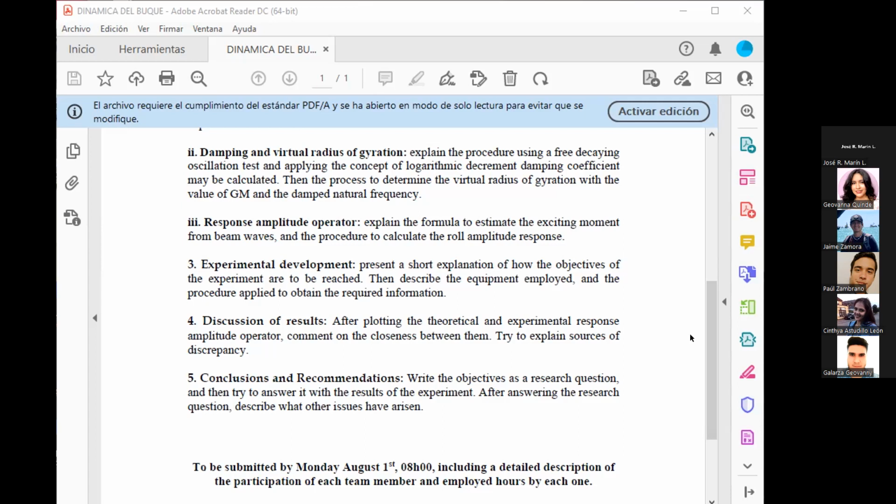So what we do is simply measure the amplitude of the incoming waves, measure the response, and the quotient between the response and the amplitude of the incoming waves is the RAO. So you have RAO calculated and RAO measured. Then you plot it, and hopefully it will be close.